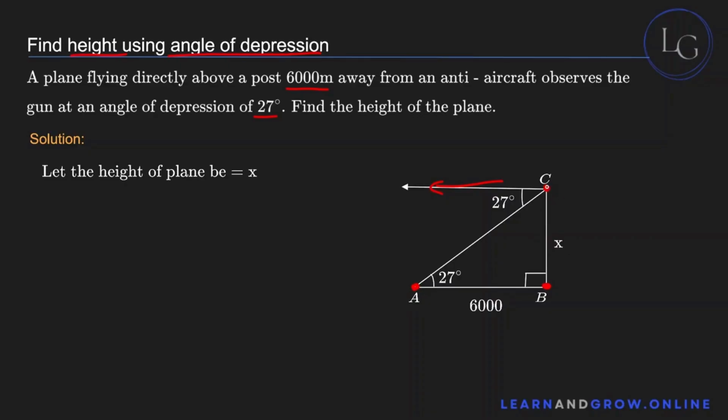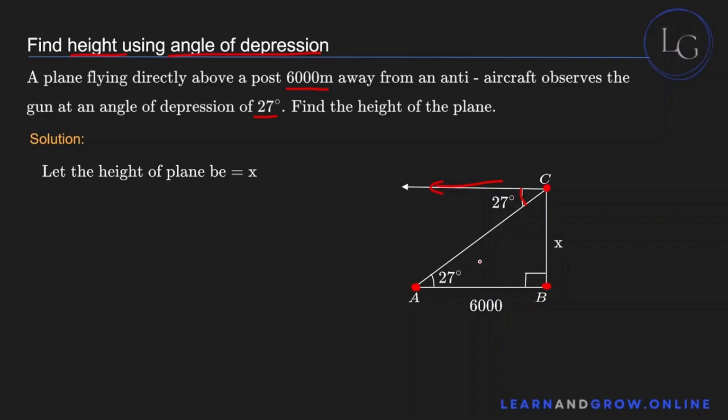So the point directly below the aircraft at C is B, and 6,000 meters ahead of that at A is the gun, right? And the angle of depression that the aircraft makes from the gun is 27 degrees.